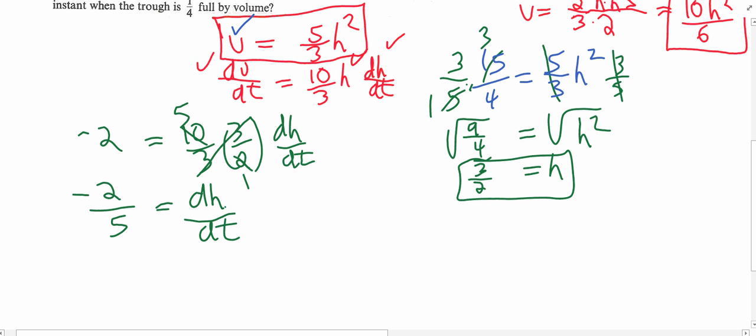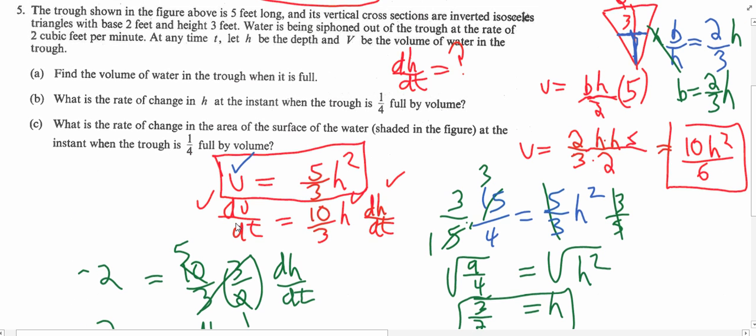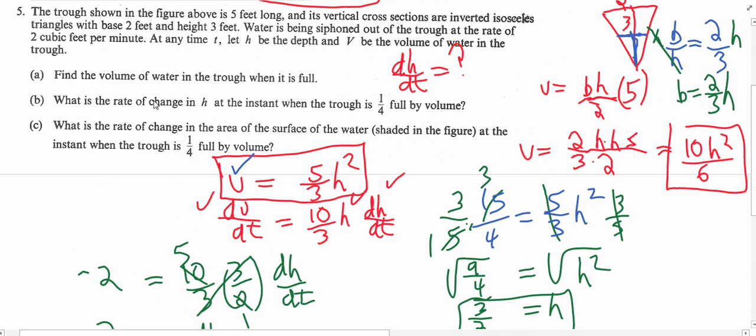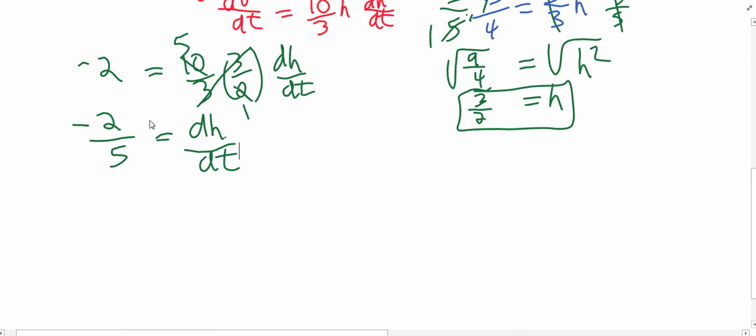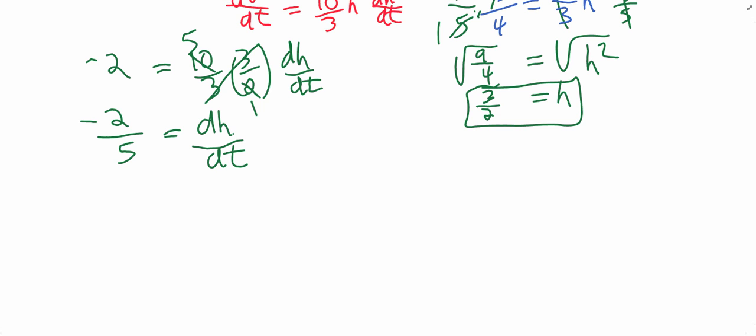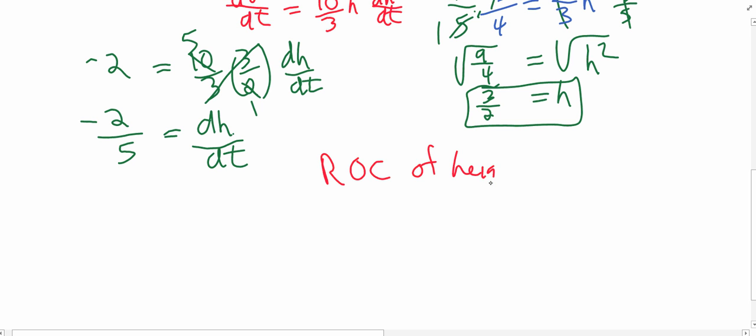Okay, so you probably want to restate the question. What is the rate of change of height? So you can say the rate of change of height is -2/5 of a foot per minute when the height is 3/2 or 1.5 feet, or you could say when the volume is 1/4 full.